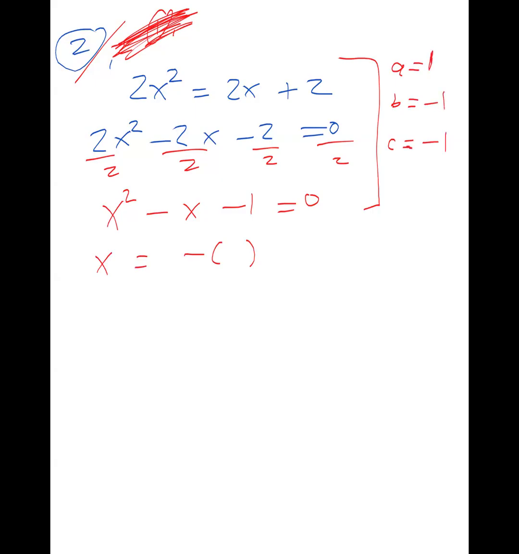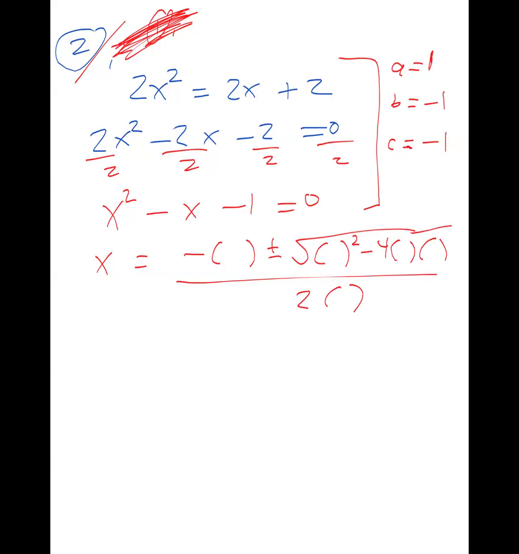So x is equal to negative what? Actually, I'm going to do it like this. I'm going to leave blank spaces. So negative b plus or minus square root of b squared minus 4ac all over 2a. And then you tell me which number to put in each blank space.